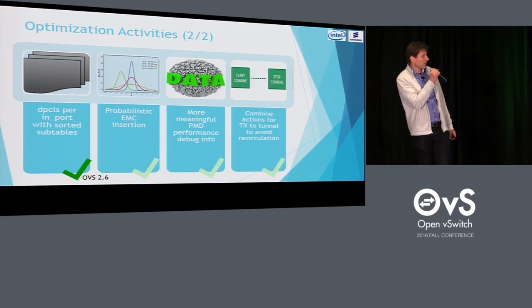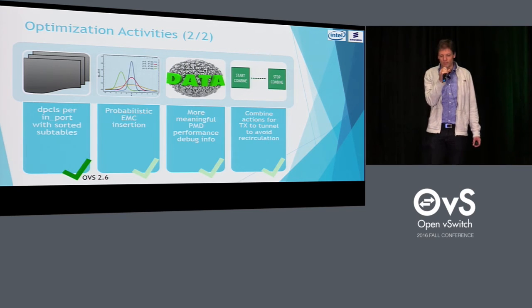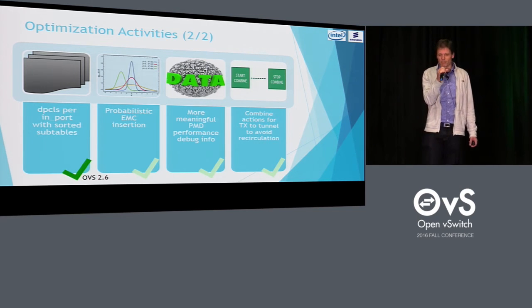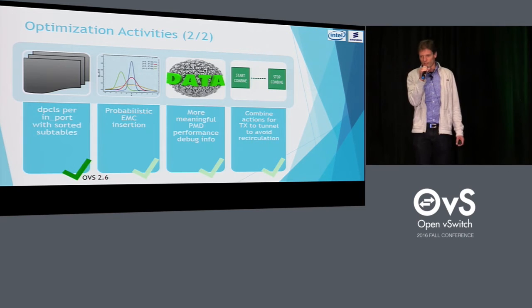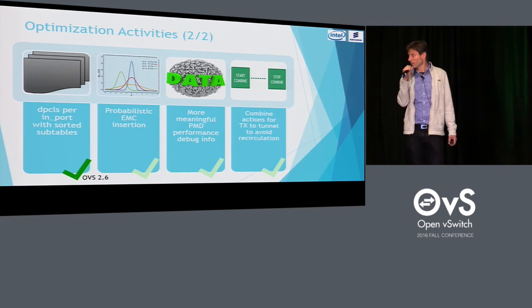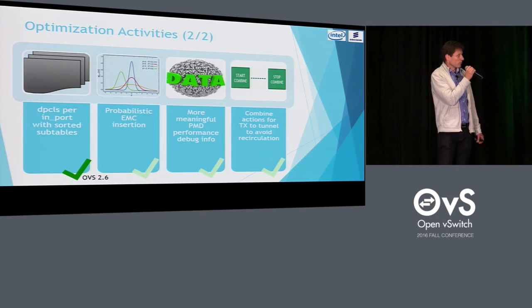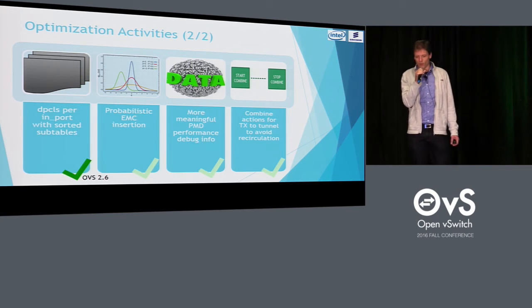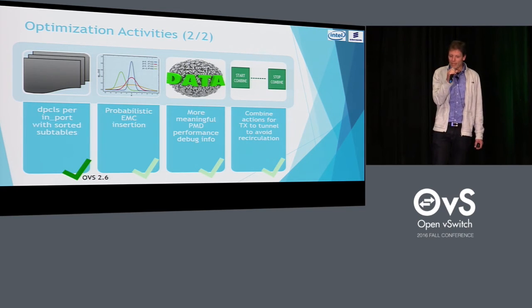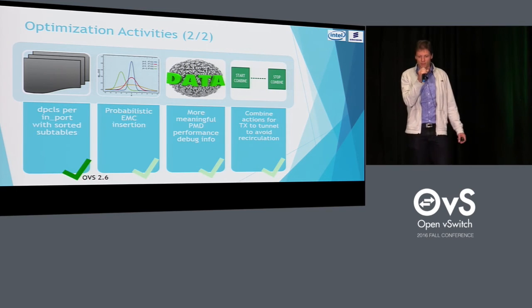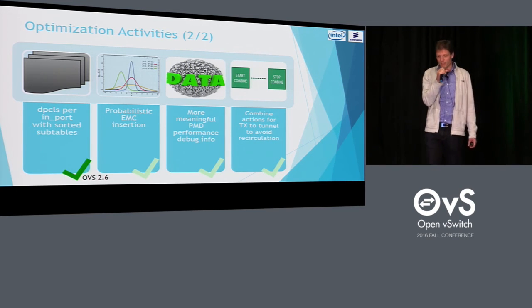And with that, in all the scenarios that we have been testing, we are able to bring down the average number of subtable lookups needed for a megaflow lookup to close to 1. That's the optimal value that you can get. So that has been a big improvement for the megaflow classifier performance, basically 50 to 80% in performance improvement. And that work has been upstreamed, and it's already in OVS 2.6. We'll show you the effect of that in a minute.